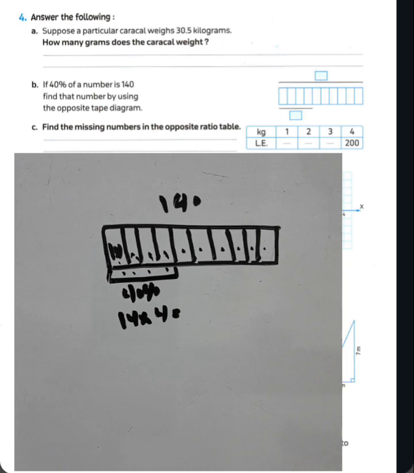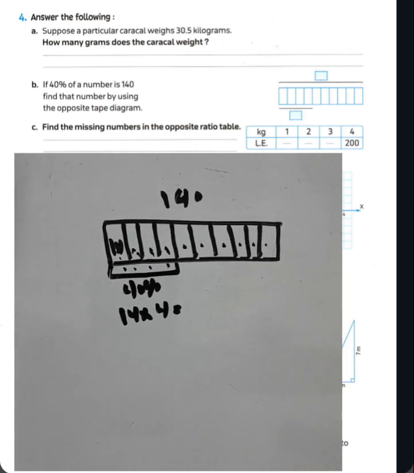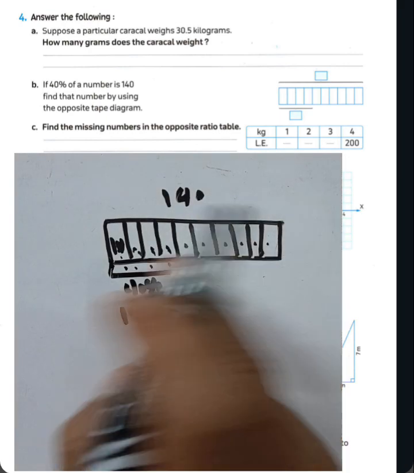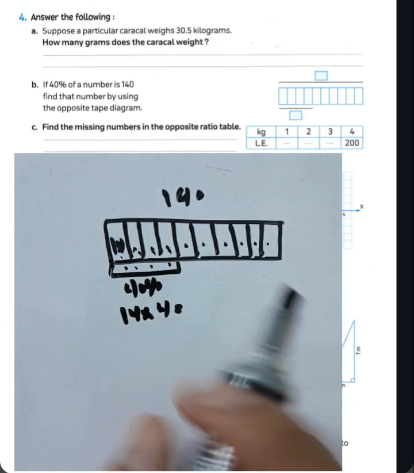Again, we have 40% of a number is 140. We want to find 40% of this number. 40%, it's 1 here, 10 plus 10 plus 10 plus 10, it will be 40%.